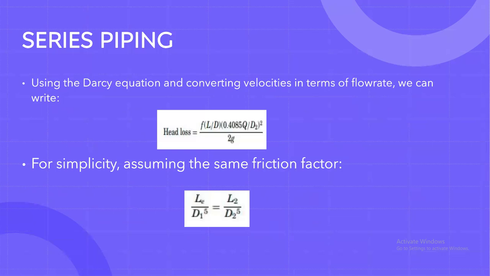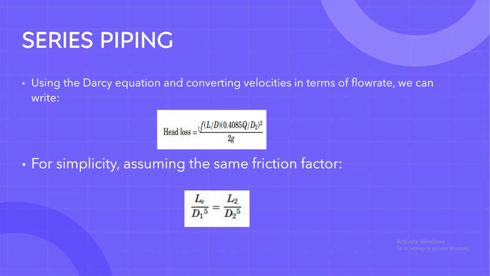So using the Darcy equation and converting velocities in terms of flow rate, if you remember, we go back to the Darcy equation. So if I put here L equivalent over D2, right, that is equal to f times L1 over D1 here, which is my base diameter.